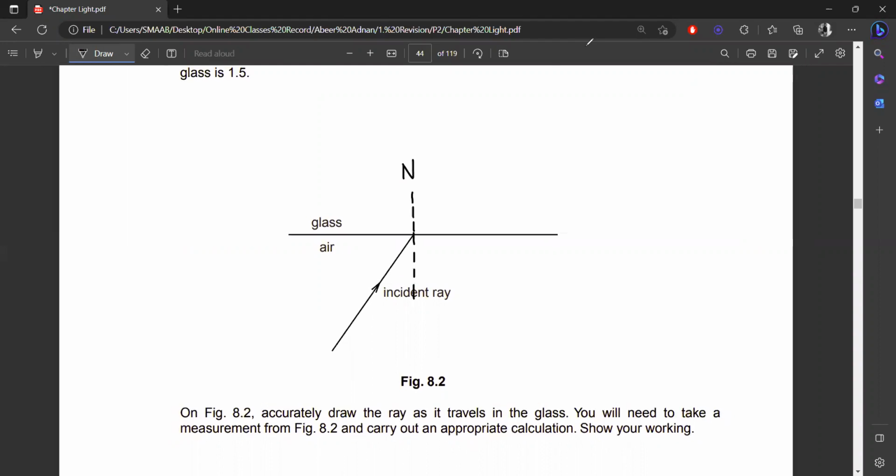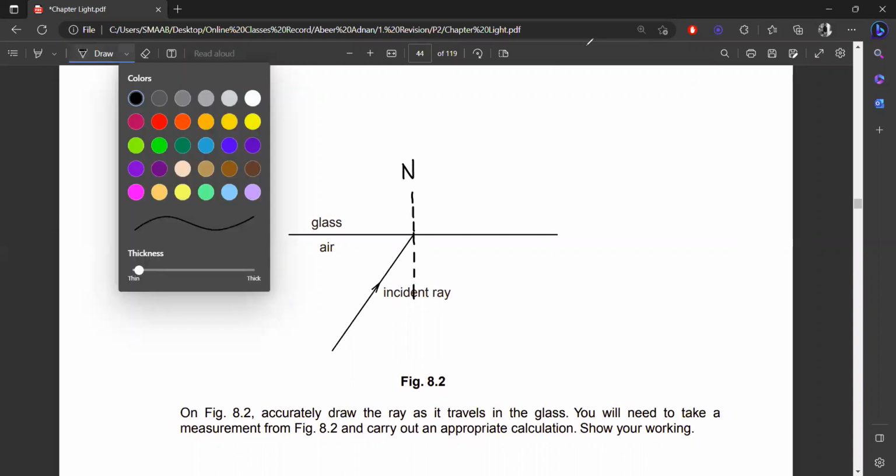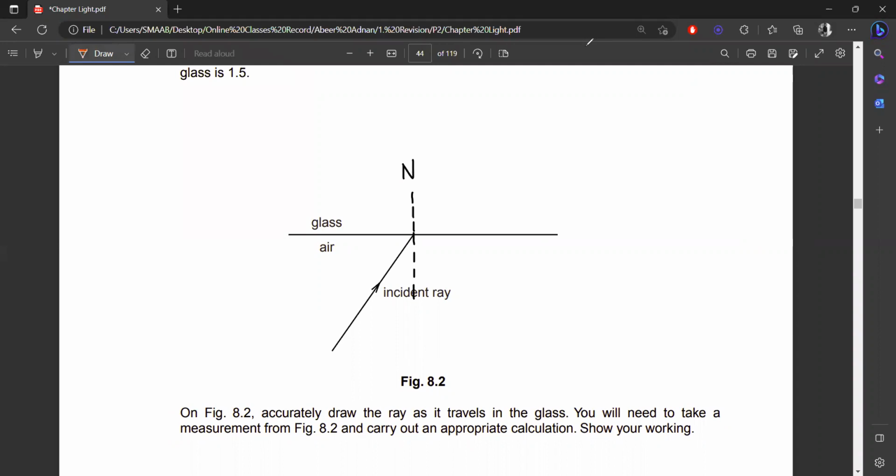So here we have to find out the angle of incidence. We have to measure the angle of incidence, and that can be calculated with the help of a protractor. So we have to place the protractor over here to find out the angle.